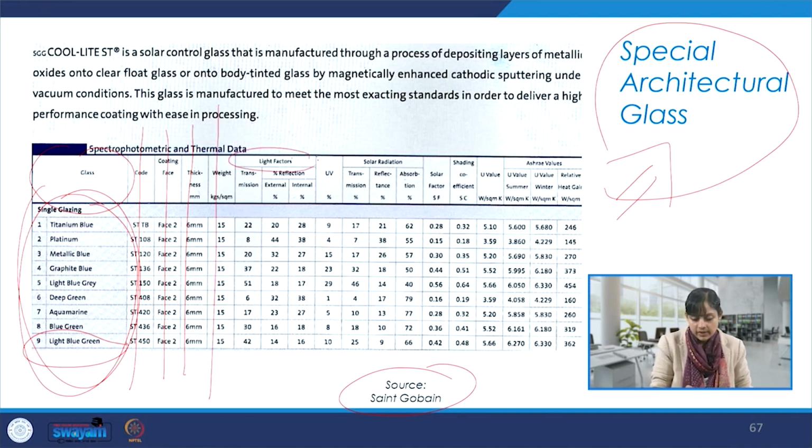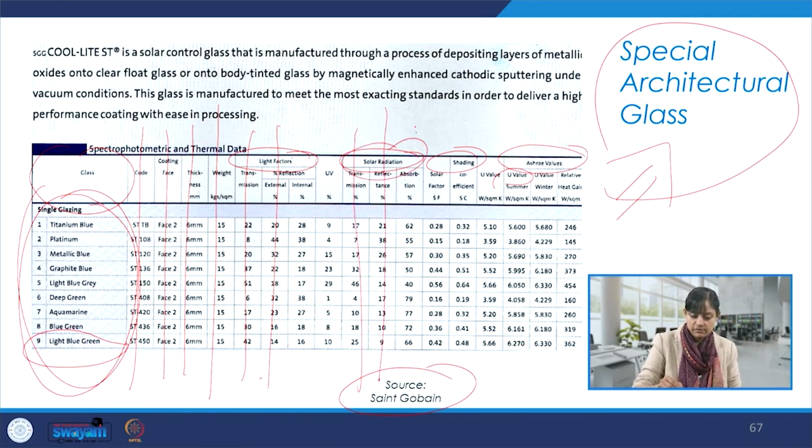Then there are light factors, solar radiation, shading, and these are some standards, ASHRAE. We will see the U value, SHGC, VLT, all of these in the coming slides. So light factors, transmission percentage, reflection, UV, within solar radiation, transmission, reflectance, absorption, and so on. So these are technical, and these are already there for us to refer to.